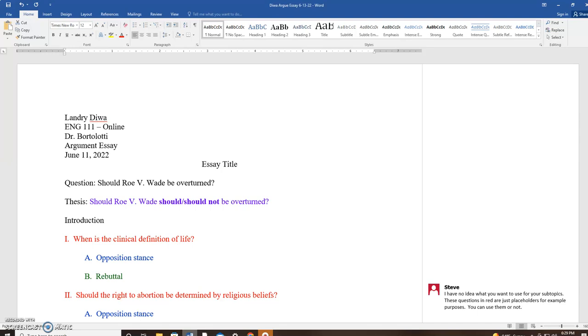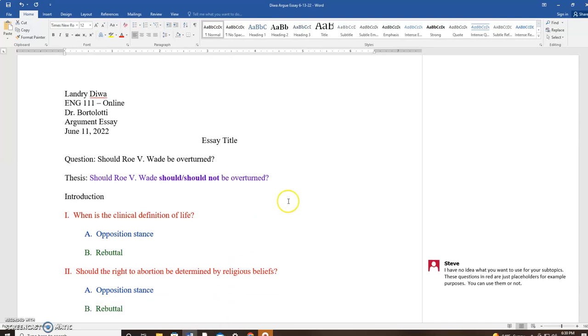So notice that the outline that I've got here as an example is really similar to the one that I have created for you, and it starts with the student heading in the upper left-hand corner, single-spaced, a place here for your title of the essay, which I want to be kind of creative, your original question, and then where your thesis is going to be.